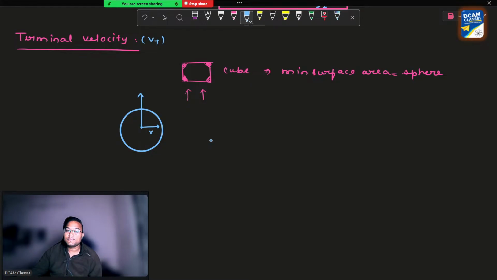Suppose the density of the body is rho, and the density of the fluid in which it is present is sigma. Let me write it: sigma is the density of the fluid, rho is the density of the body.